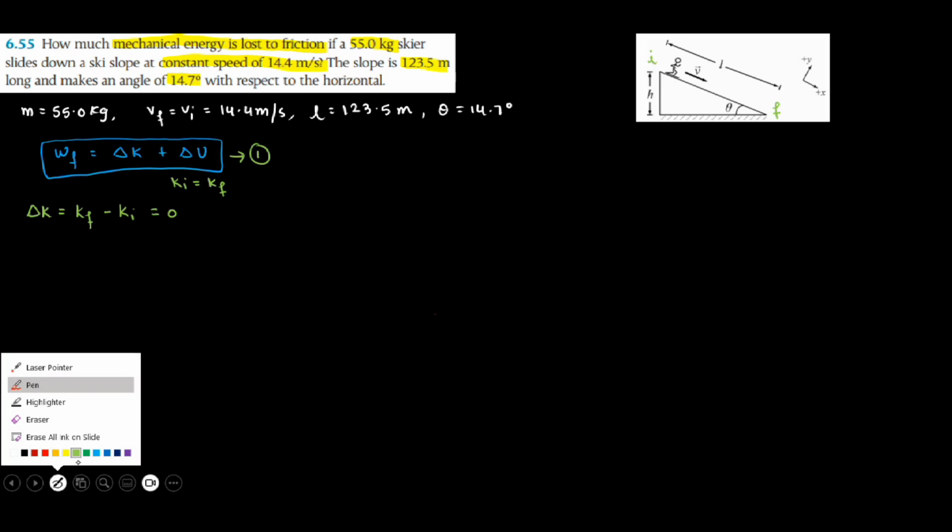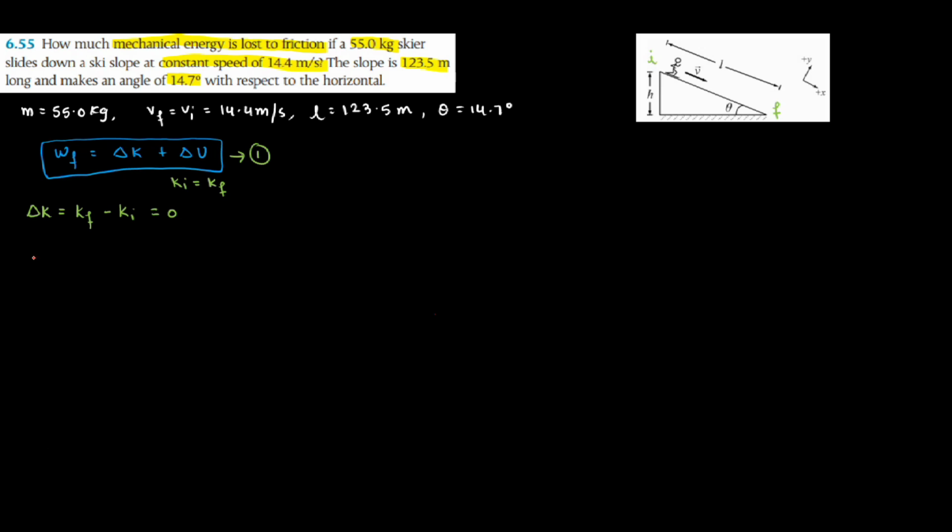Next, we find the change in potential energy. Again, we write the same thing: final potential energy minus initial potential energy. Now, for the final potential energy, since the skier comes to the ground at the final position, my h is 0. And if h is 0, potential energy at this point will also be 0, because the only potential energy here is the gravitational potential energy, which is mgh.